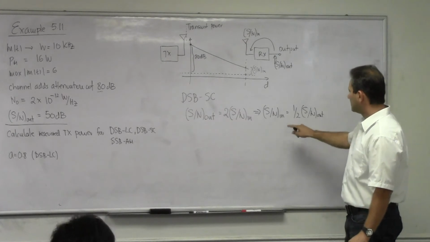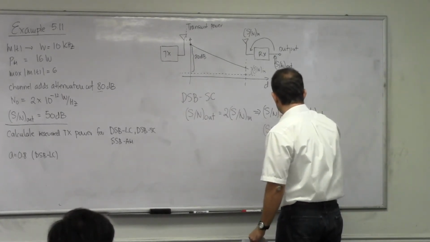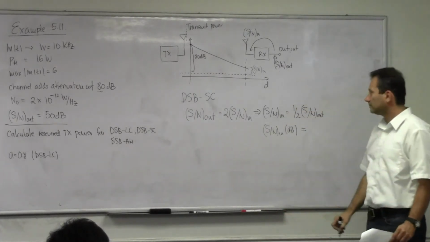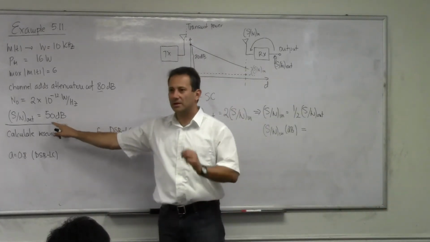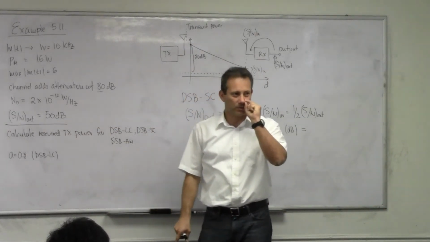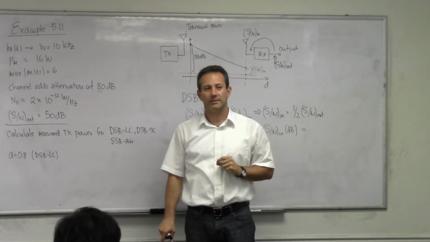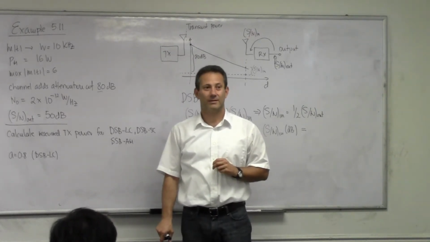Now, if I express my signal to noise ratio at the input in dB, what is the value? If the output signal to noise ratio is 50 dB, what should be the signal to noise ratio at the input? 25? No. 10 log.